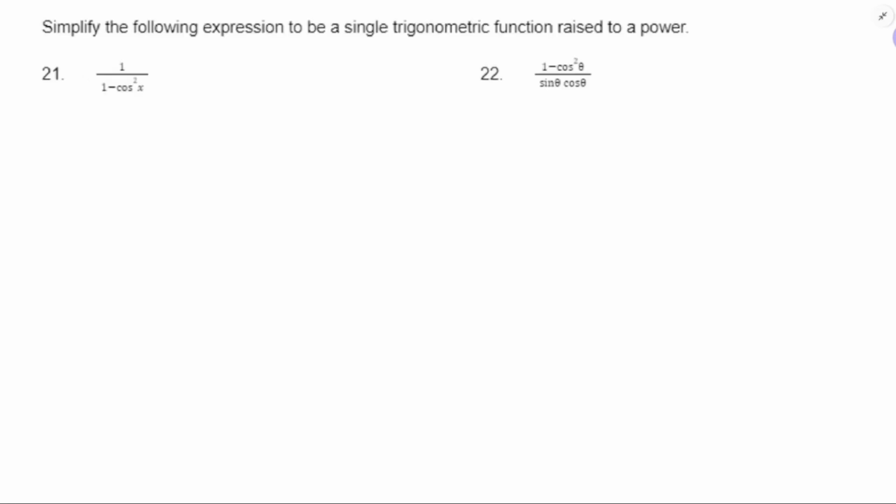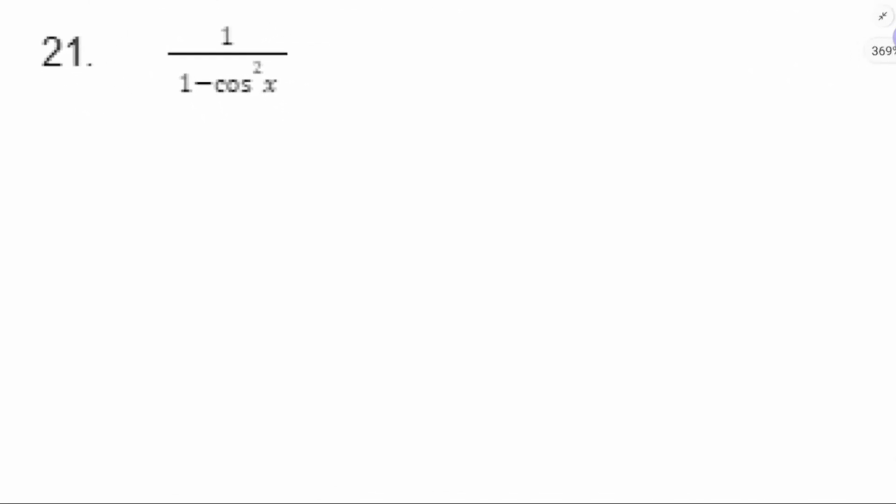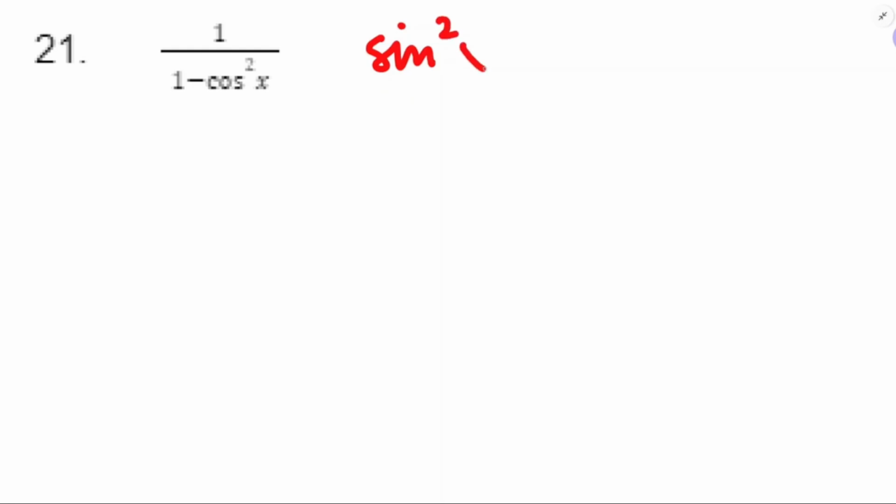Now the last 2: simplify the following expressions to be single trigonometric functions raised to a power. I think these will actually be a little easier. 1 minus cosine squared. That looks Pythagorean. Probably for one of the last times today, sine squared x plus cosine squared x equals 1.